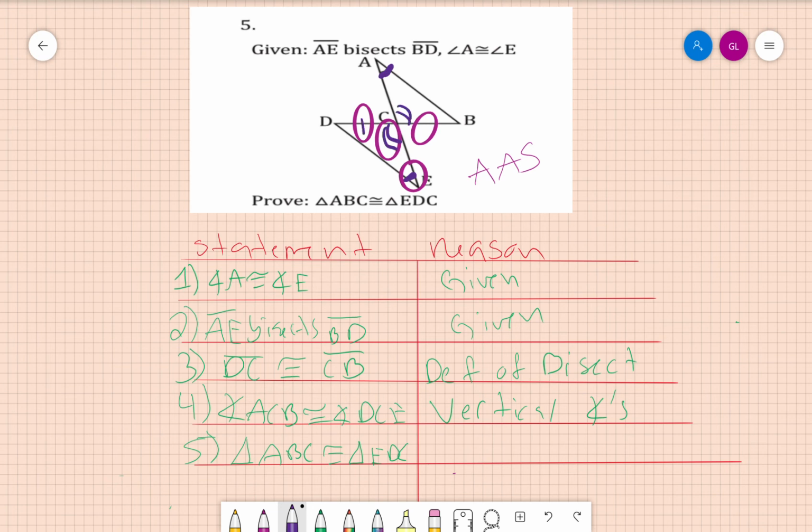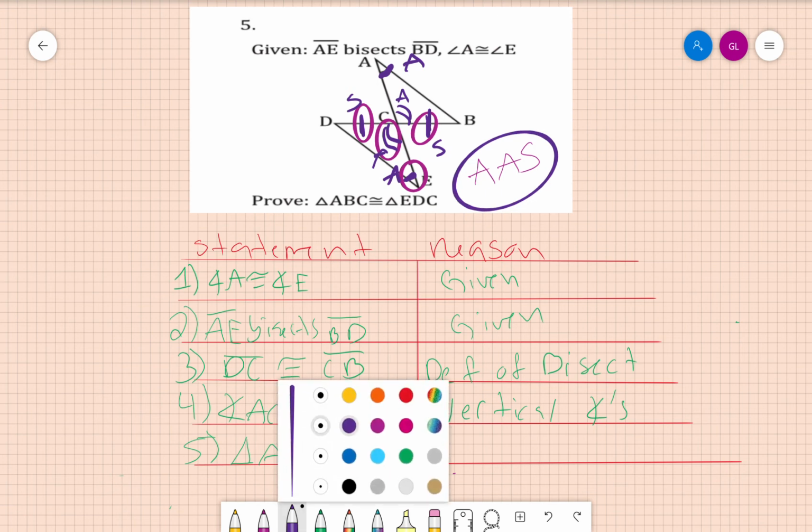And then we had the sides that were congruent that we saw earlier from definition of bisect. So we have angle, angle, side. That's how this one is going to be congruent.